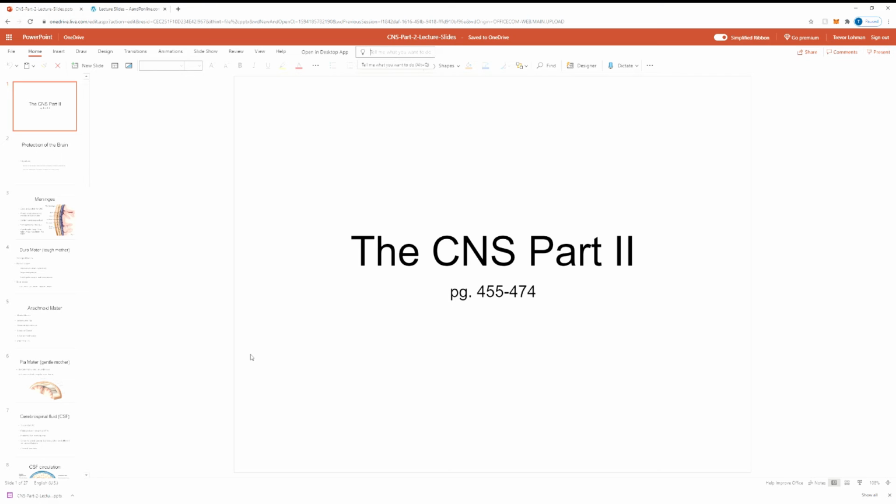About 75% of this presentation is in reference to the spinal cord. So I kind of think of part 1 being brain and part 2 being spinal cord. That said, the first several slides actually are in reference to the brain, protection of the brain and some disorders of the brain. So let's go ahead and take a look at that.